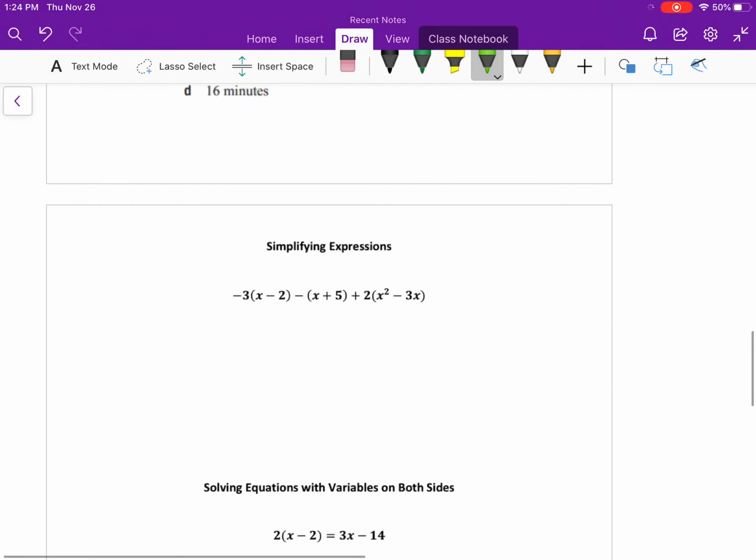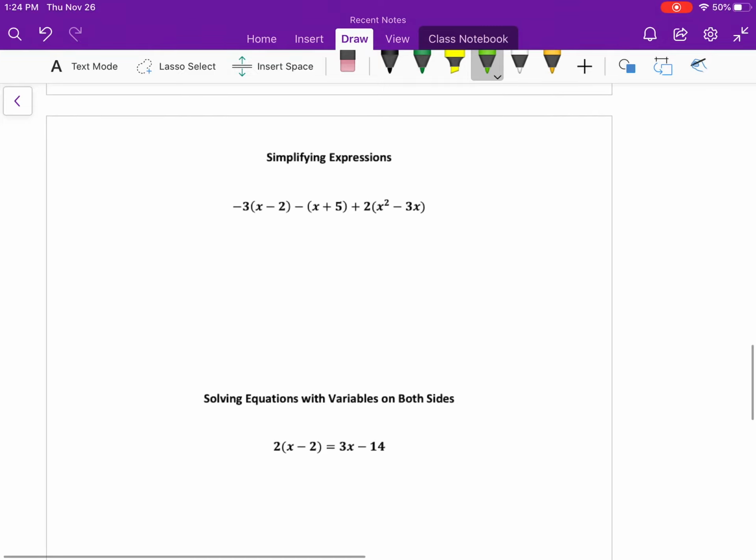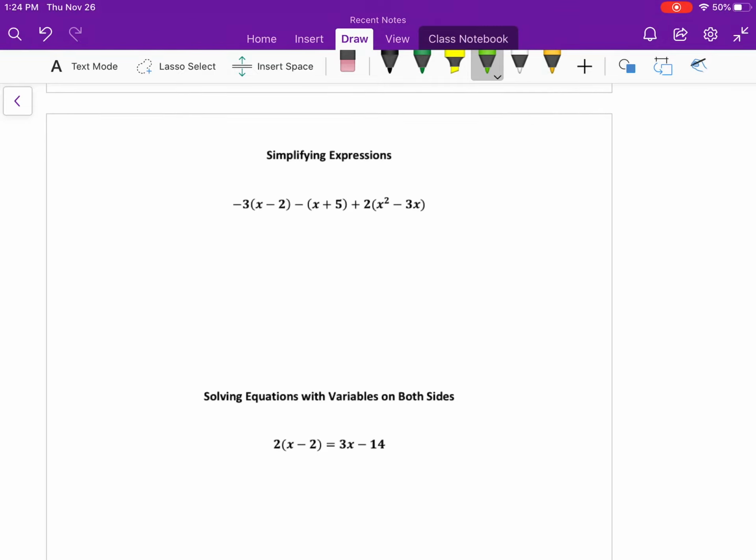Okay, so lastly, I just wanted to review some of the algebra that we've been doing. So we talked about the distributive property and how we can get rid of these brackets. So we can multiply this value in to both of these. And I'm not going to explain why right now. You can go back to the original video to go over that again for more details. But this is the ending conclusion on how we simplify this.